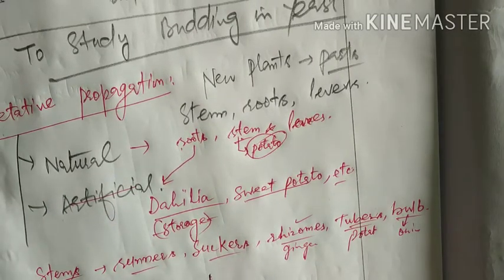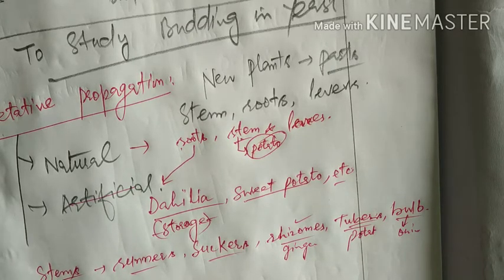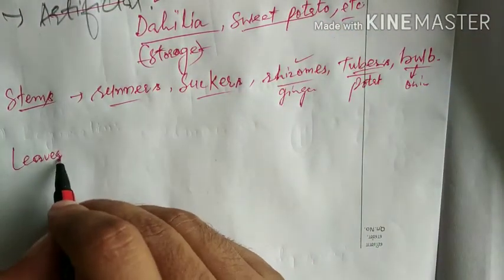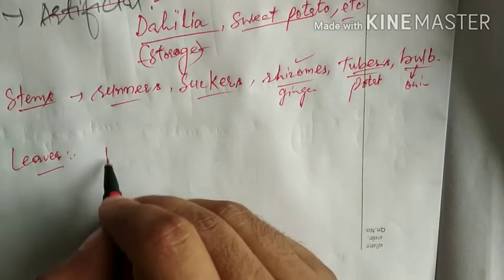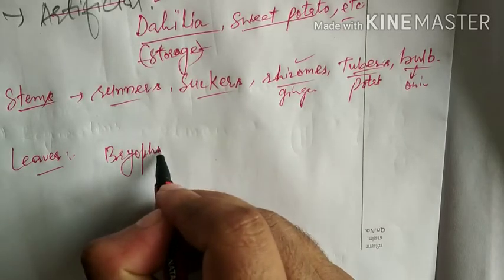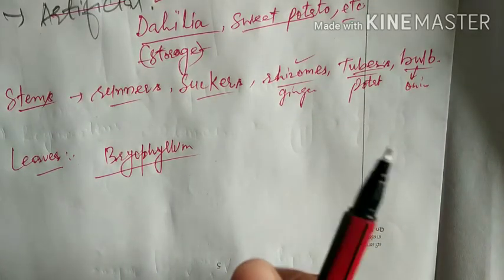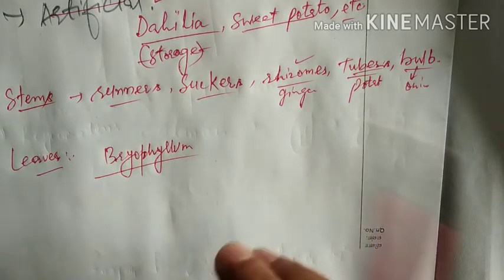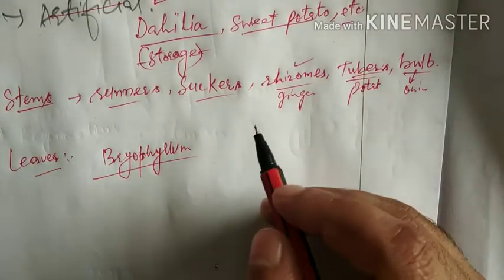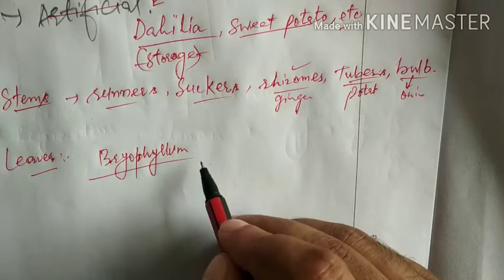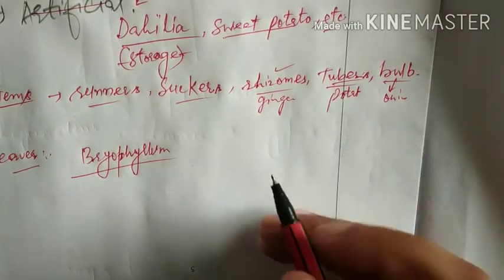Then natural vegetative propagation by leaves. The best example here is Bryophyllum. Bryophyllum is one of the best studied examples where we can see natural vegetative propagation by using leaves. The fleshy leaves of the Bryophyllum plant bear some adventitious buds on the notches along the leaf margin.